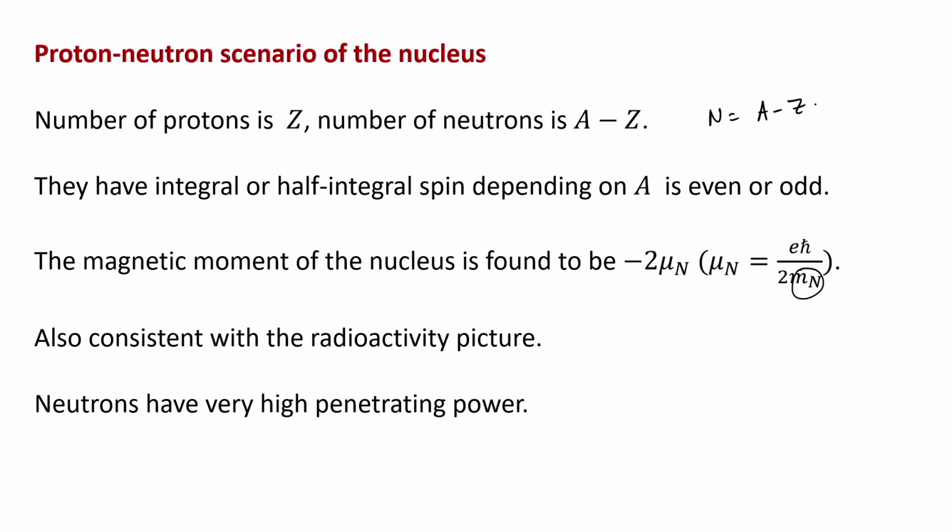And neutrons also have very high penetrating power. In fact, if you want to know how we actually use neutrons in various situations, one example is that the magnetic structure of a material can be understood by neutron scattering. Neutrons do not have charge, so they do not couple to the charge degrees of freedom, but they have a magnetic moment, as we have been discussing, and these magnetic moments will couple.